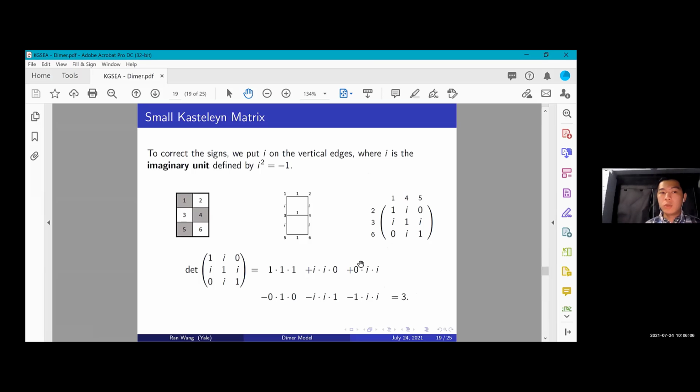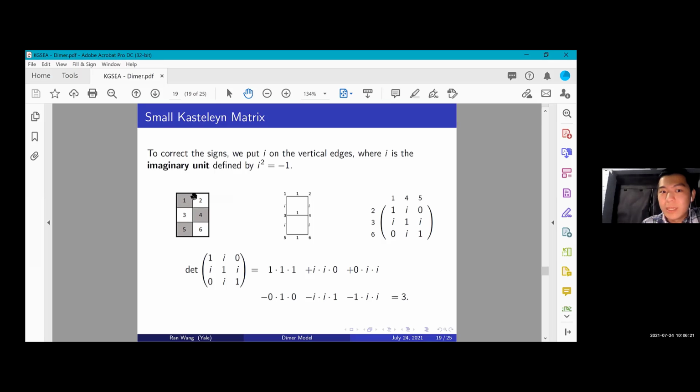So here we introduce a more advanced version. It's called the Kasteleyn matrix. To correct the signs, we put i, the imaginary unit, on the vertical edges here.